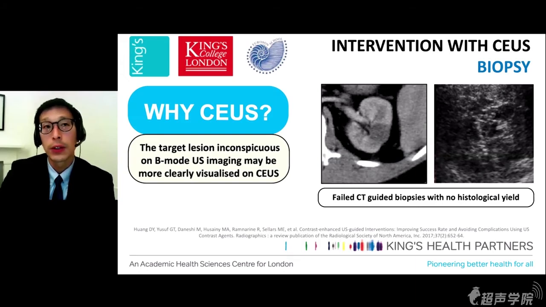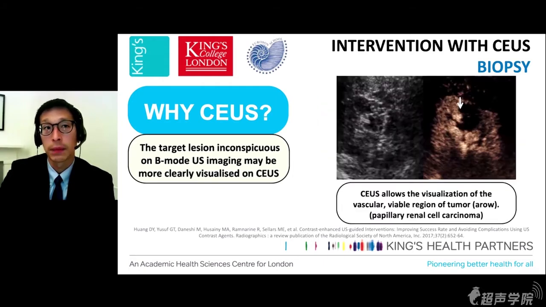This is a renal lesion which can be seen on the CT scan, but when the patient had a biopsy on the conventional ultrasound, the biopsy came back as non-diagnostic. When this procedure was repeated on the contrast enhanced ultrasound, we can see that there's a more vascularized portion of the lesion within the lesion, and this area is probably more viable and was targeted for biopsy.